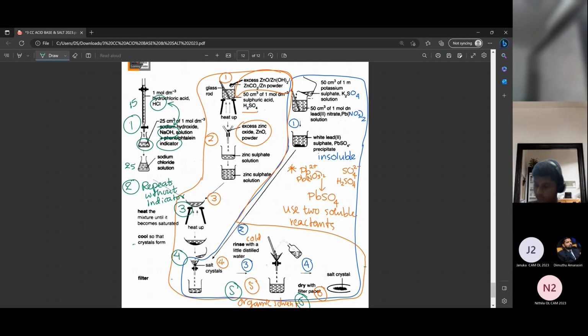You're not dripping all the 50 cm cube. You have to find the volume needed. And repeat the experiment without indicator. Heat to obtain crystals and filter it when cool. Very good. Right? Short and direct. Rinse with cold distilled water. Organic solvent, and dry it.